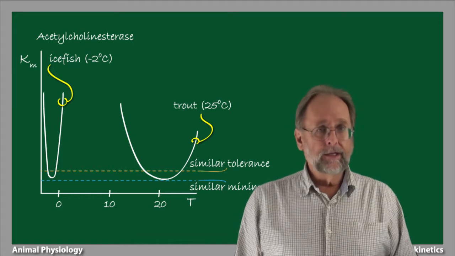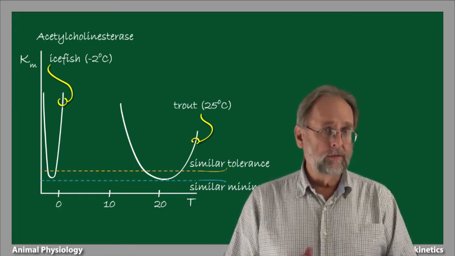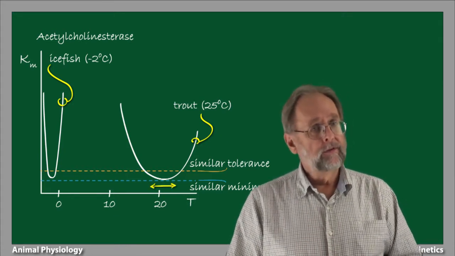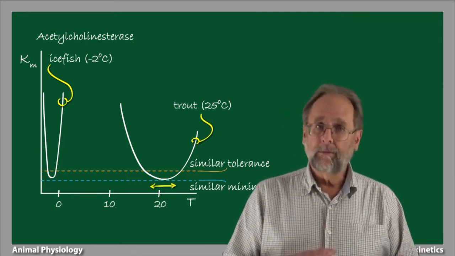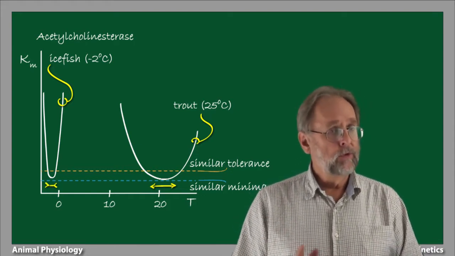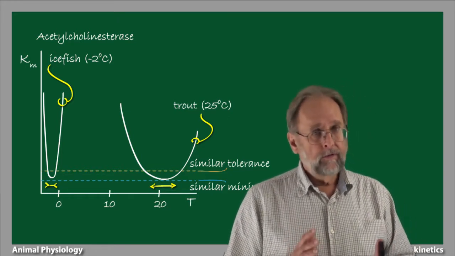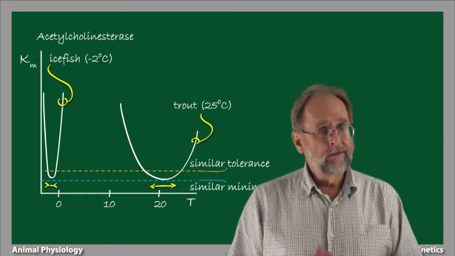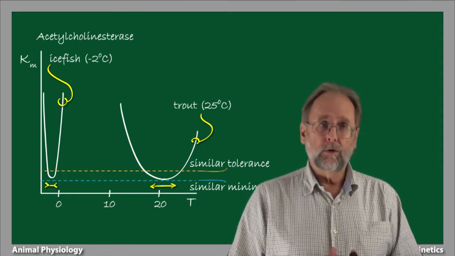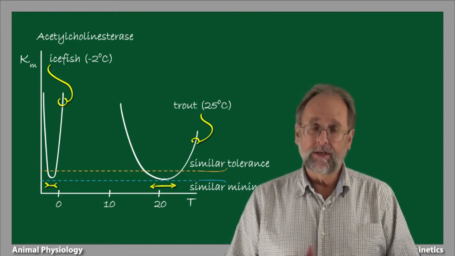This will translate into a range of temperatures over which the enzyme performs tolerably well. The trout with its broader curve for the Michaelis constant will be able to inhabit a wider range of temperatures than will the ice fish with its narrower Michaelis constant curve. We refer to this as the thermal breadth of the enzyme. The thermal breadth of the trout acetylcholinesterase is greater than the thermal breadth of the ice fish's enzyme.